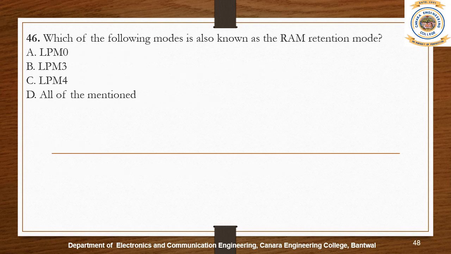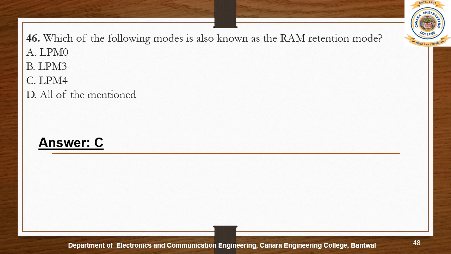In this particular slide, it is about the low power modes supported by MSP430. We have low power mode 0, LPM 0, LPM 3, LPM 4 and so on. Each low power mode has its own mode of operation. In some of the modes, the CPU will be off. In some of the modes, the oscillator will be off, and the RAM retention mode is the one in which only a sufficient amount of power is supplied so that the contents in the RAM are not lost.